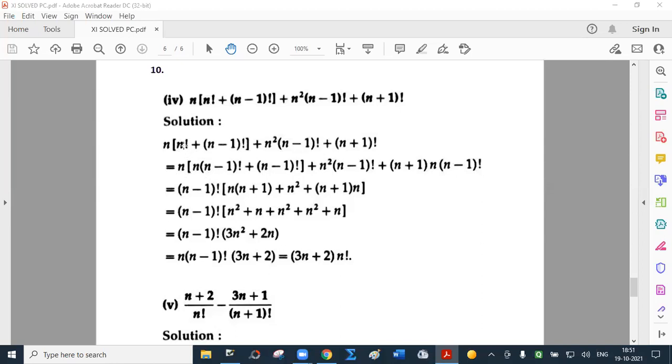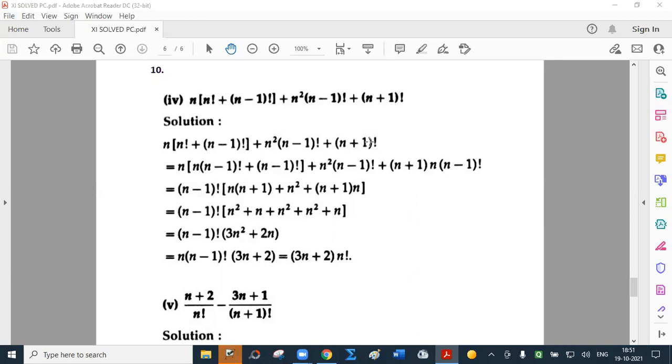Now what is n factorial? Factorial of any number is factorial of the smaller into that number. So n factorial, I usually write n minus 1 factorial into n. Here they have written n into n minus 1 factorial. Plus n minus 1 factorial as it is. n square into n minus 1 factorial as it is.